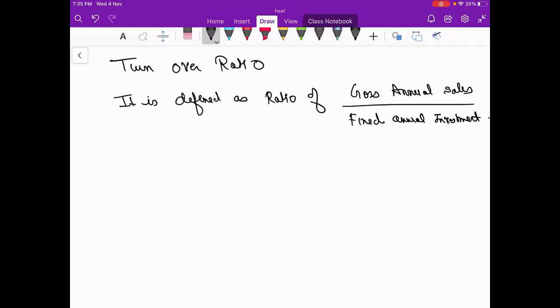Okay, you can just write this formula: gross annual sales upon fixed annual investment. Sorry, it's not annual, fixed capital investment.